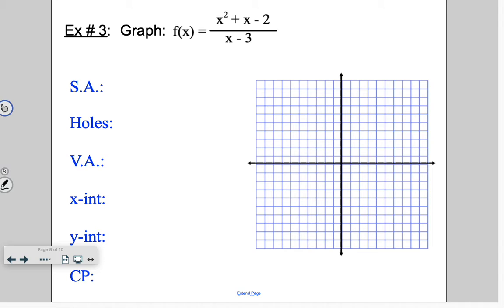Matter of fact, I'm going to give you a couple of minutes. You've seen a couple of problems now. Let's see if you can find the slant asymptote, the holes, vertical. I'll give you an opportunity to kind of put this together on your own here before I give you the assignment. Okay, so give it a shot. See what you come up with. Find all the important features and sketch a graph.